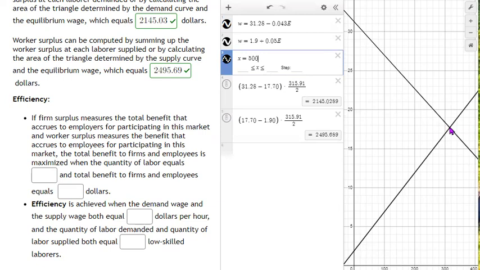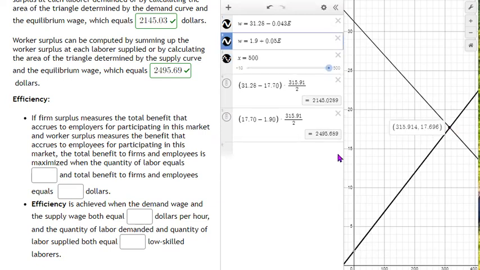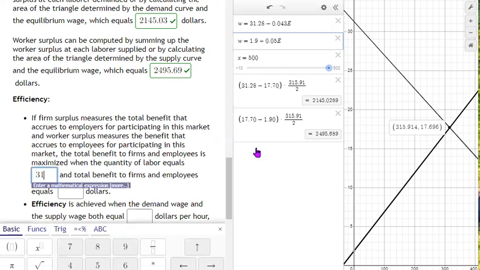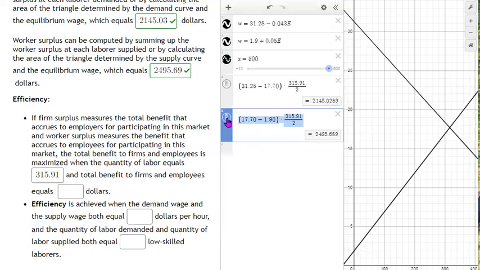And the equilibrium quantity was 315.91. When the quantity of labor equals 315.91, what are the total benefits to firms and employees? We have to add these two values up, so I'm just going to add these two.